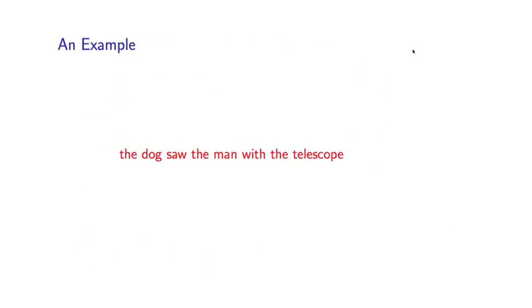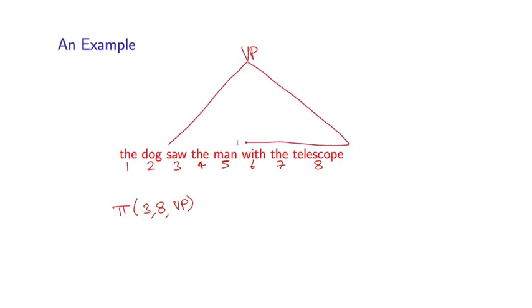So again, just to re-emphasize what this definition means, here's a concrete example. Let me number the words in the sentence 1, 2, 3, 4, 5, 6, 7, 8. Let's say I have pi of 3, 8, VP. That means I'm going to consider all VPs which span words 3 to 8 inclusive.